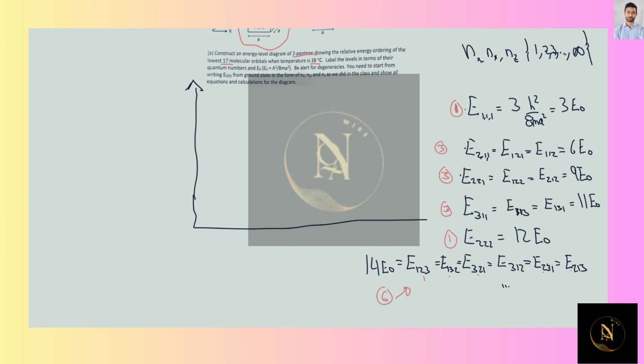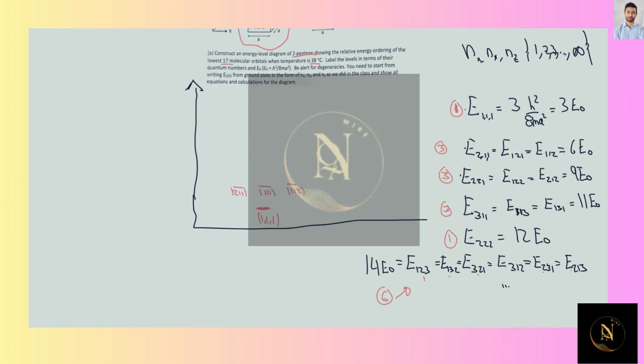The lowest in energy, corresponding to 3 times E0, is going to be the 111 state. Next, we have 3 degenerate states, corresponding to 211, 121, and 112.